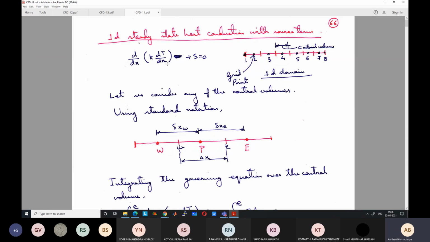Then we want to add more and more complexity one by one. What will happen if the source term is non-linear? What will happen if the unsteady term is present? Like this we will keep on adding, and at the end we will also add the convective term in the next chapter.